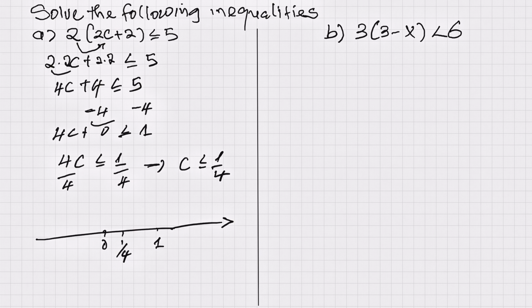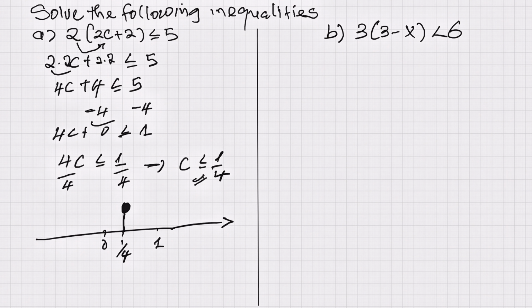You see now that this inequality is closed. Our boundary point is included in the data set. So this inequality is closed because 1 over 4 is included in the data set, and it is all values less than or equal to 1 over 4.